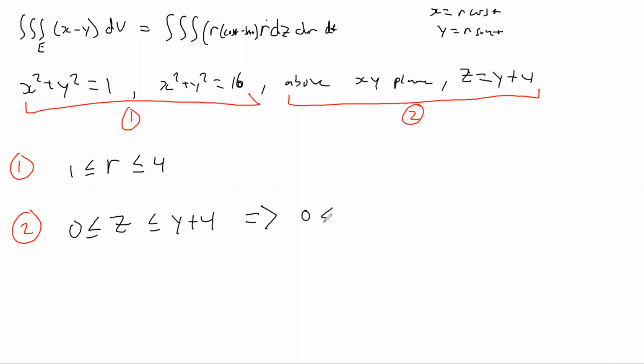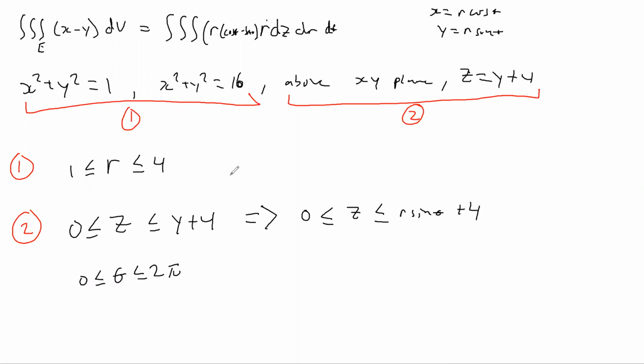So you could say that z is in between 0 and r sine theta plus 4. Okay. And finally, the third part, which is theta, is that since there are no constraints on that, and we're considering the whole solid region of E, we can say that theta is going to be in between 0 and 2 pi.